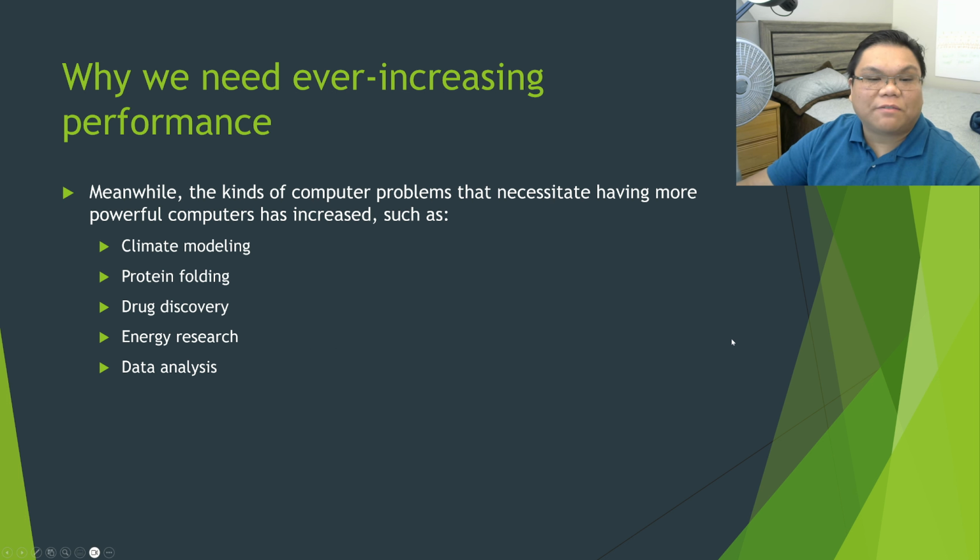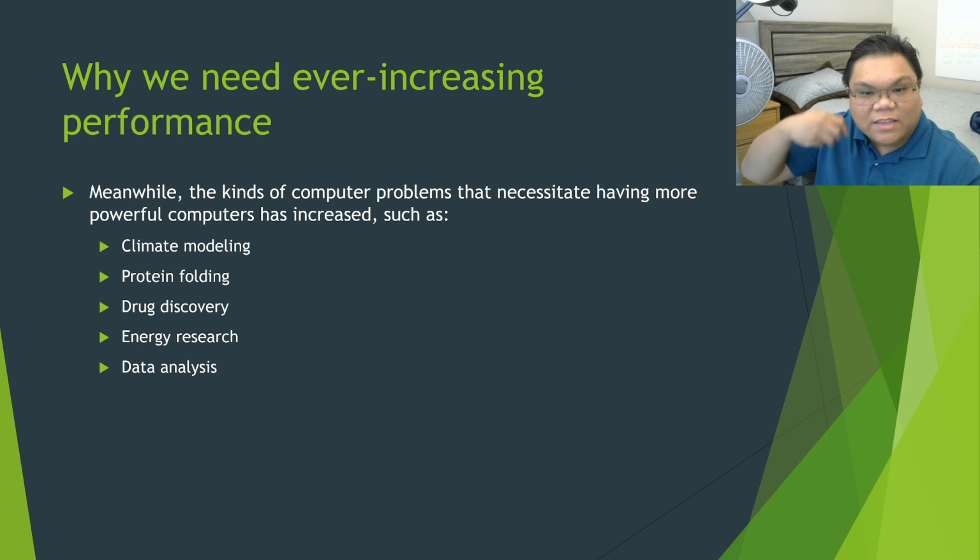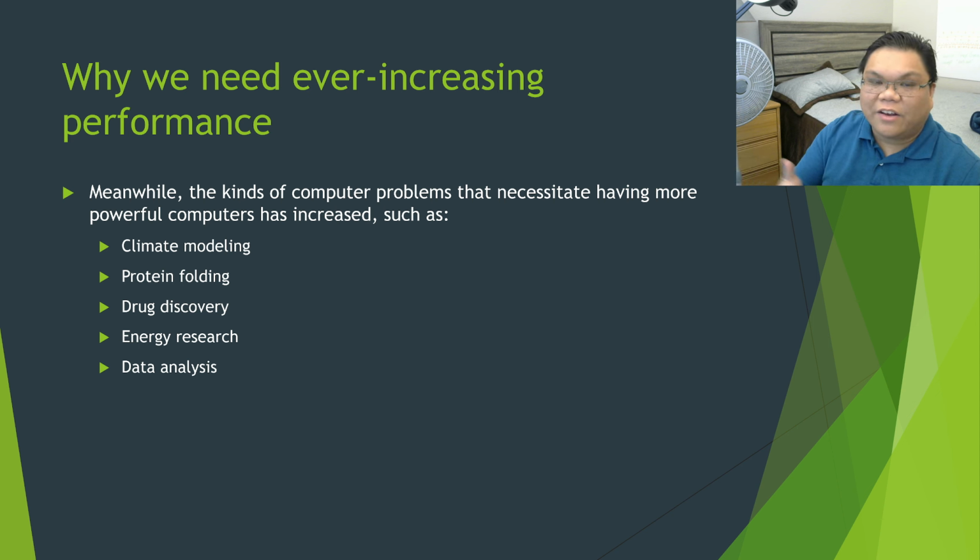Meanwhile, the kinds of computer problems that need more powerful computers have increased. So, climate modeling, protein folding, Folding@home is one such example of protein folding. Drug research, energy research, data analysis, the kinds of things related to big data.